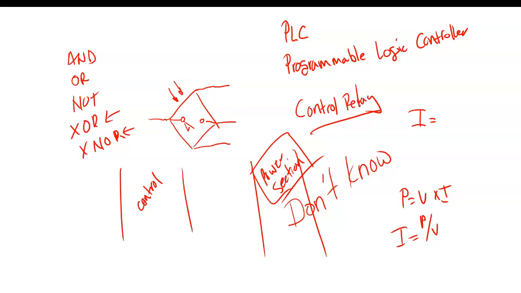So a control relay is a relay whose contact controls the power. This is what a PLC will do. It will replace every control relay. We don't actually have relays.